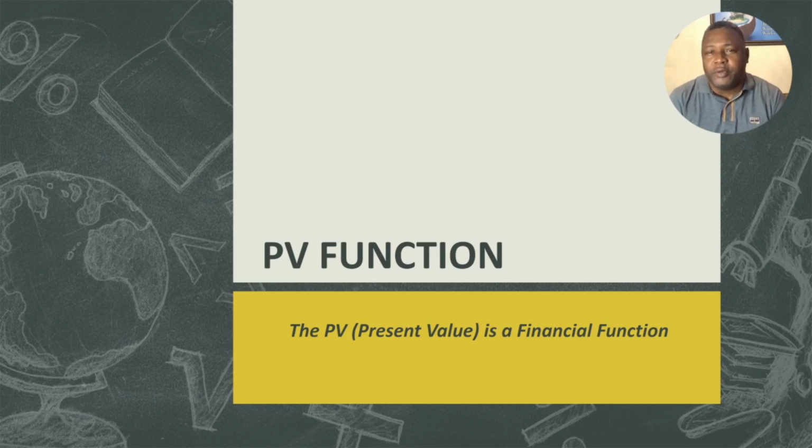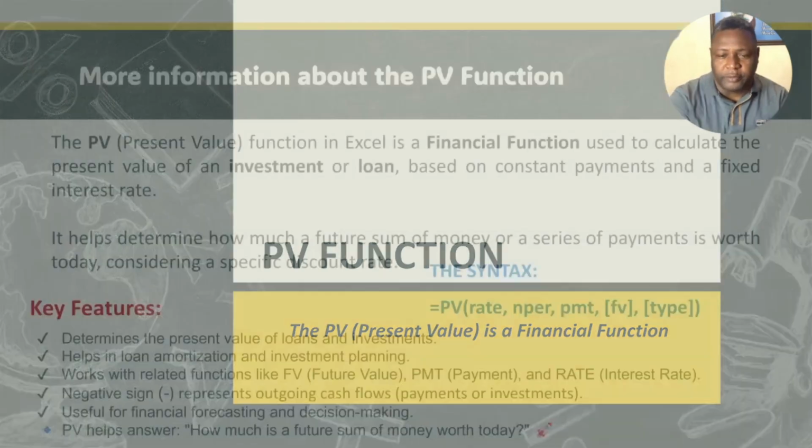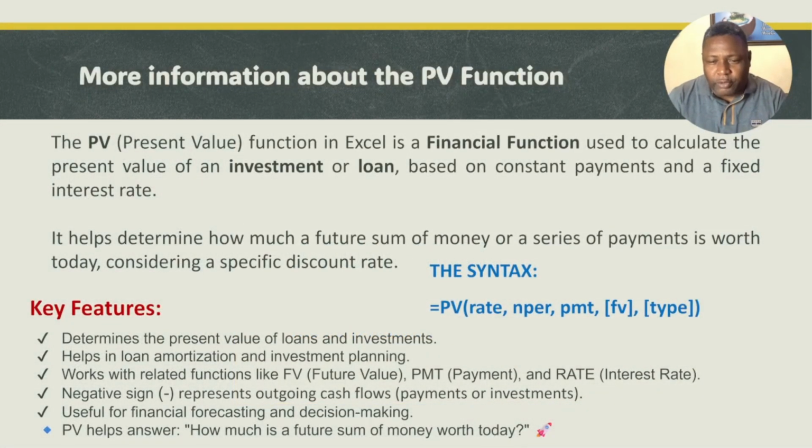In today's video, we are going to be looking at the present value function. The present value function is a financial function, and this function is used to calculate the present value of an investment or a loan, and it is based on constant payment and then of course a fixed rate.